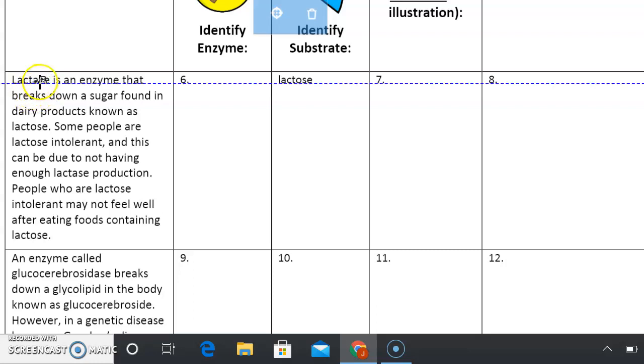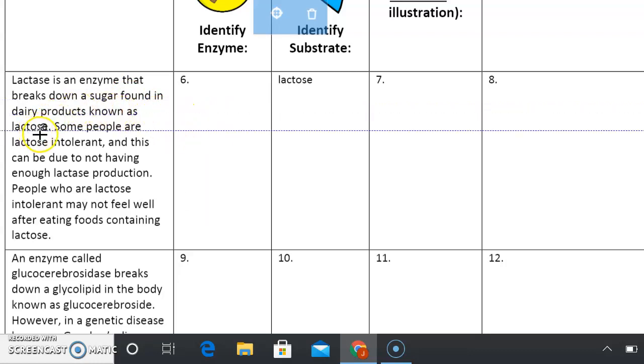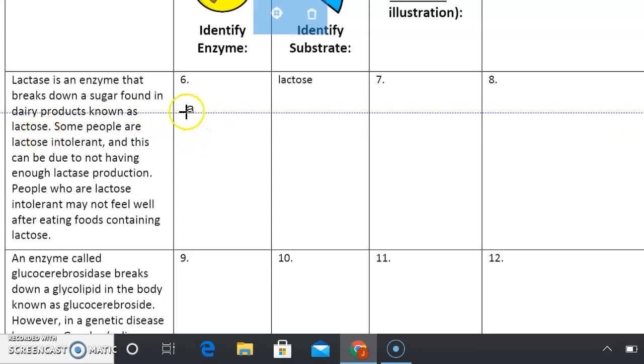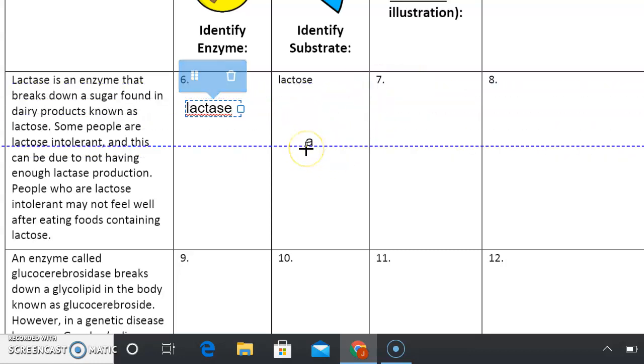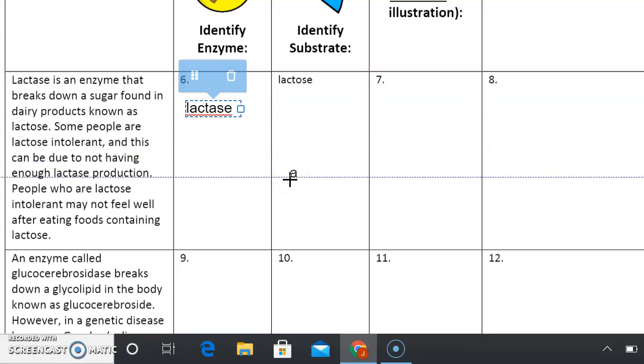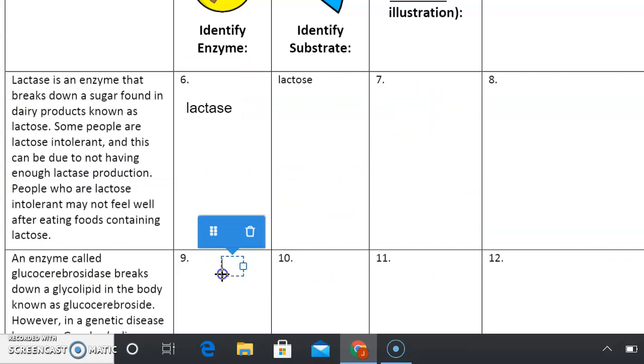So right there it is, lactase, L-A-C-T-A-S-E. Lactase would be our enzyme, and it tells us this, acting on the sugar lactose. Ose means sugar. So for our enzyme, we would put lactase. And they had already put lactose in there for us. So that's that one. And the illustration would just be much like the one we drew up there.